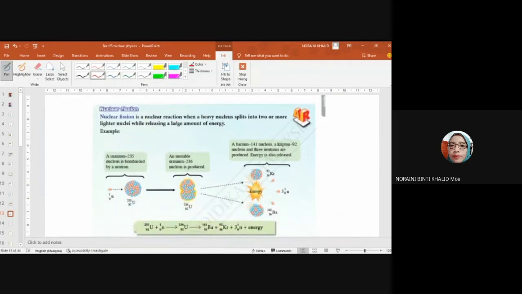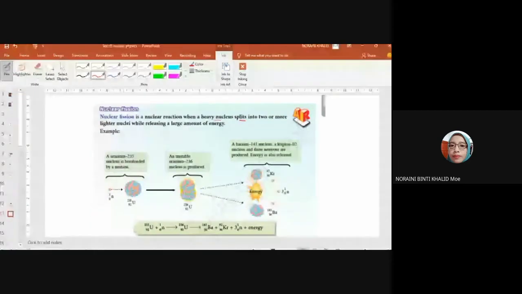Nuclear fission is a nuclear reaction when a heavy nucleus splits, means divides into half, into two or more lighter nuclei while releasing a large amount of energy. For example, uranium-235 bombarded by a neutron becomes unstable.